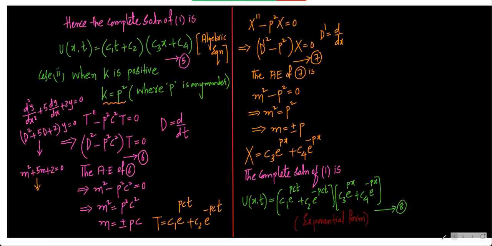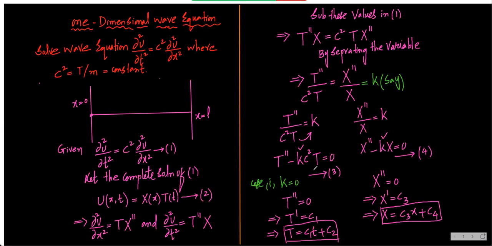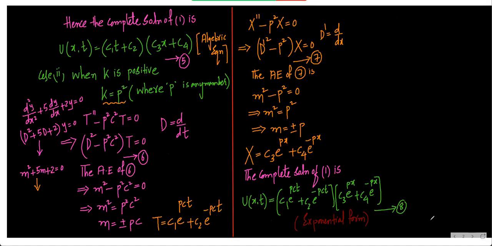Where is our equation? These are our equations, number 3 and number 4. If you put minus p square in place of k here, you will get T double dash plus p square c square T is equal to 0, correct?